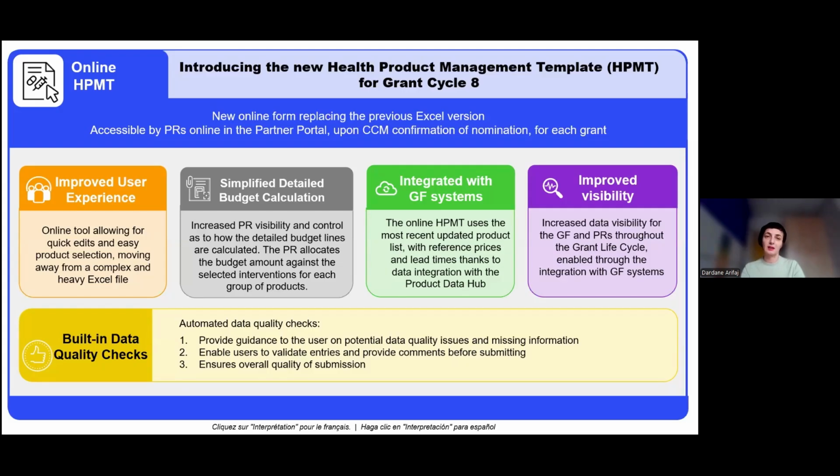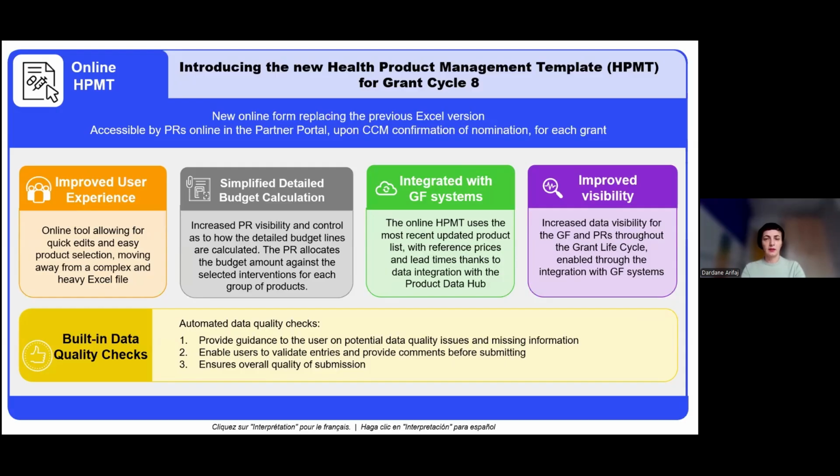The principles remain the same, but we are going to have a separate session to introduce users on how to navigate the new template and all the details that come with it. So in the interest of time today, we are just going to talk about the key changes that we are introducing, and also when the HPMT is needed and not needed in the funding request preparation and submission.